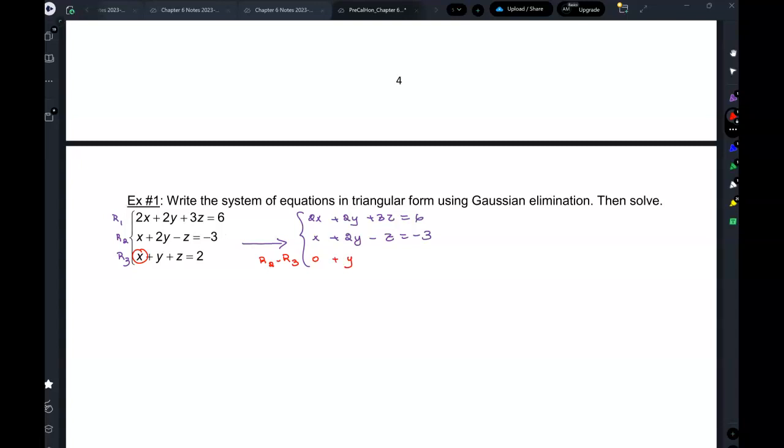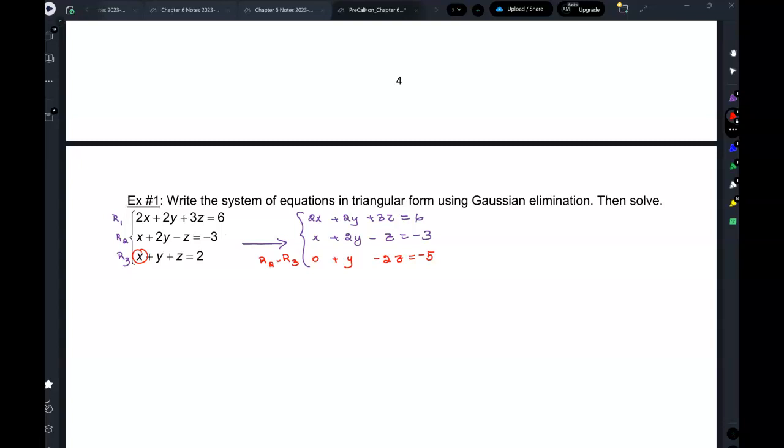Negative z minus z, negative 2z, equal to negative 3 minus 2, negative 5. Okay, do you see what happened? I found a way to make this 0. I did that operation and I just replaced it here. You are allowed to do that. You are allowed to replace a row with a combination of two other rows.